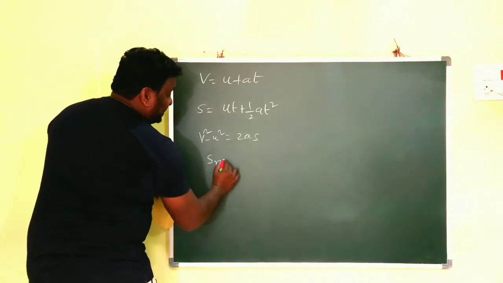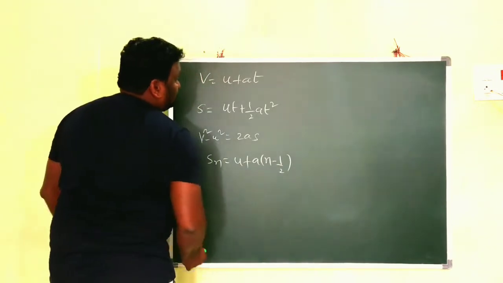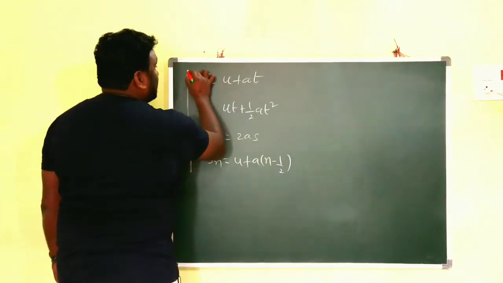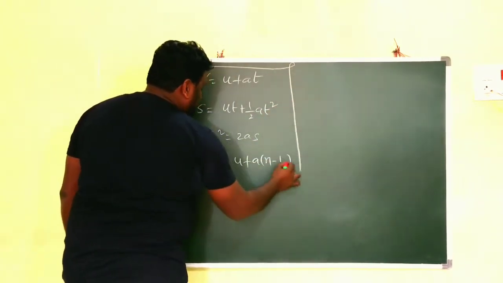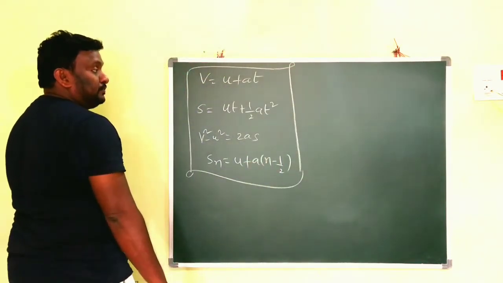And Sn = u + a(n − ½). These 4 equations are called equations of motion, and they are also known as kinematic equations of motion.